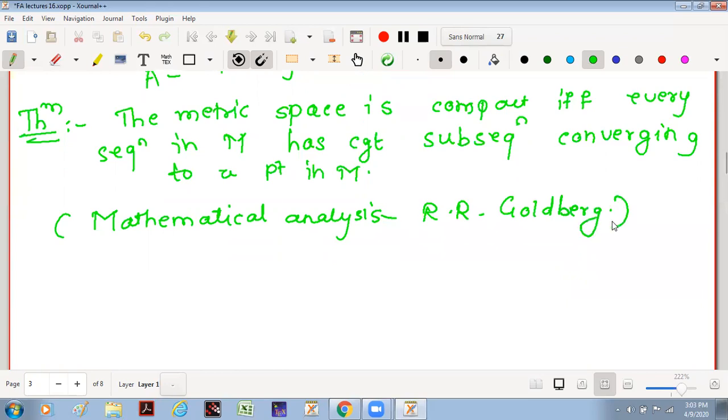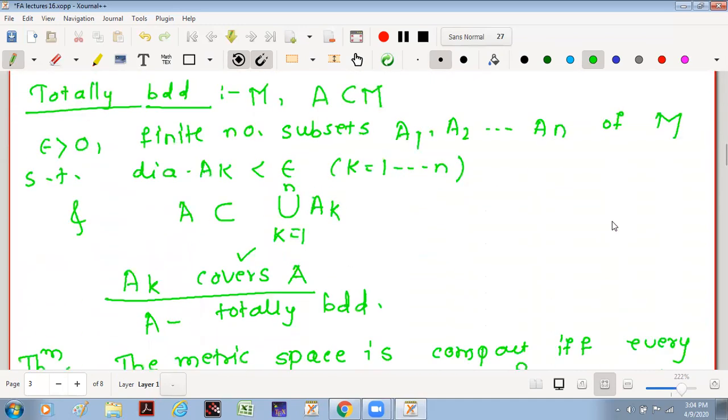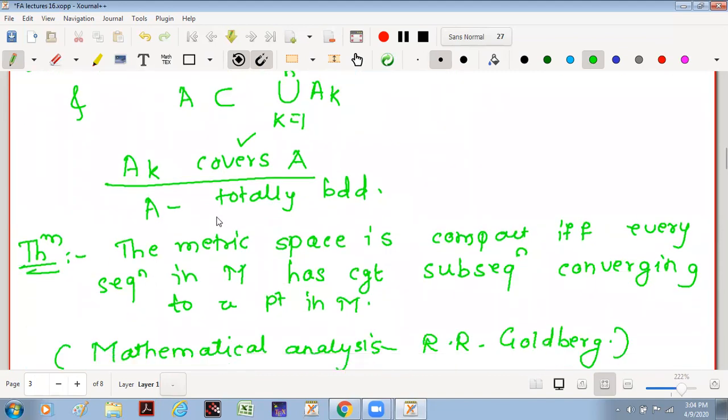Now we will come to the proof. We have seen two definitions: compact and totally bounded. Completeness we already know. A subset is compact if it is complete and totally bounded, and a subset A of a metric space is totally bounded if and only if it is covered by a finite number of subsets of the given metric space. Also, we will use this statement: a metric space is compact if and only if every sequence in M has a convergent subsequence converging to a point in M itself.